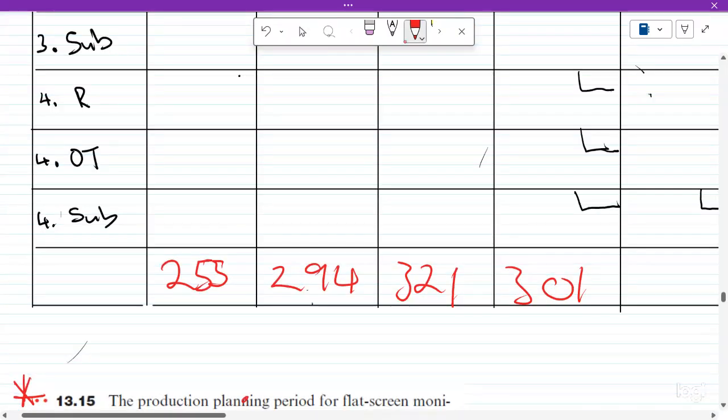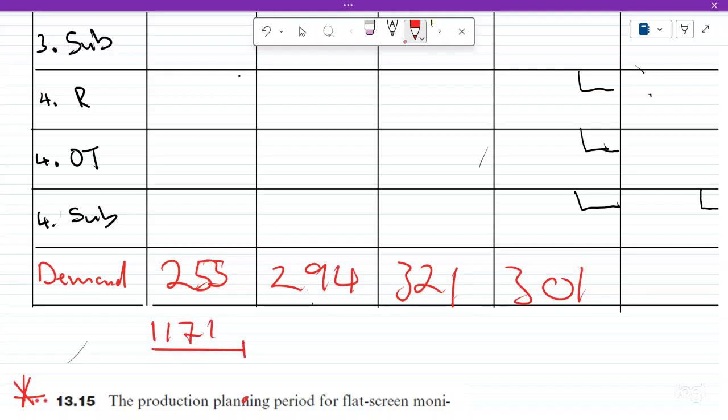So 255 plus 294 plus 321 plus 301, I see 1171. So this is what I have currently. I haven't yet balanced again. I'm going to balance now and see what I'm getting.